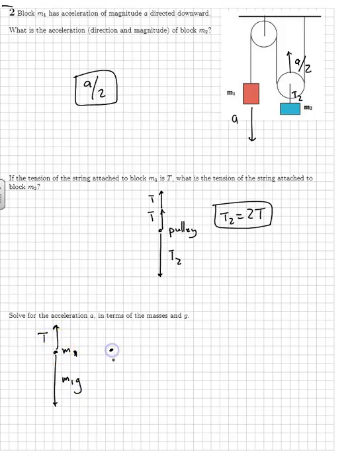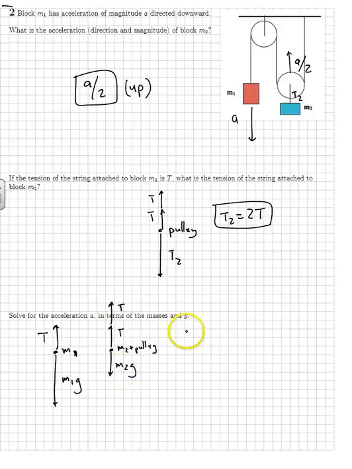And then I want to also draw an FBD for M2 plus the pulley. The pulley is massless. It has 2 T's up. And then it has M2G down. This acceleration is up, by the way. So those will be bigger than this. Okay.